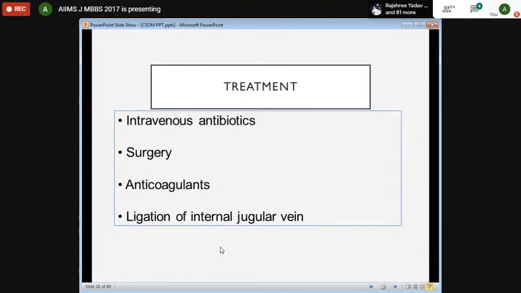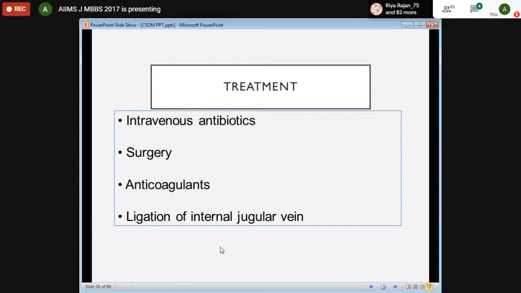Treatment is intravenous antibiotics, surgery, and anticoagulants. In surgery, we need to open the sigmoid sinus and take out all the thrombus. And sometimes, if it is very high, we need to do ligation of the internal jugular vein.